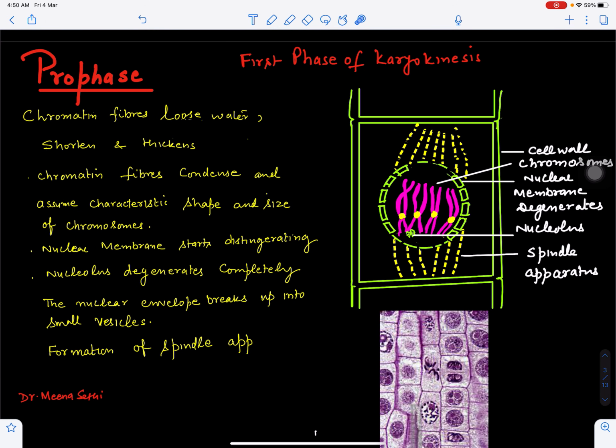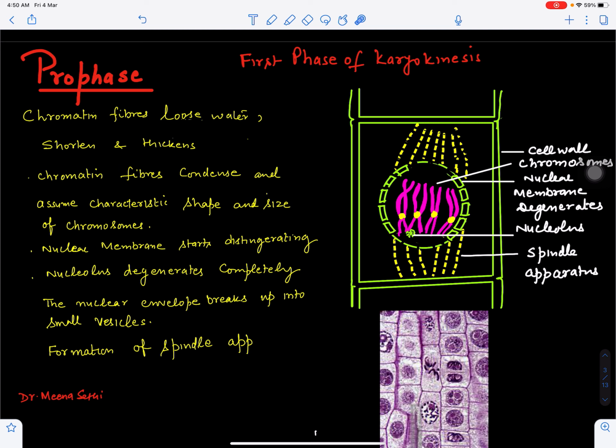The chromosome fibers condense and attain a definite shape of the chromosome. The nuclear membrane present around the nucleus starts degenerating completely and breaks up into vesicles. Ultimately, the formation of the spindle apparatus starts appearing. What is the spindle apparatus? This we'll discuss in the next slide.